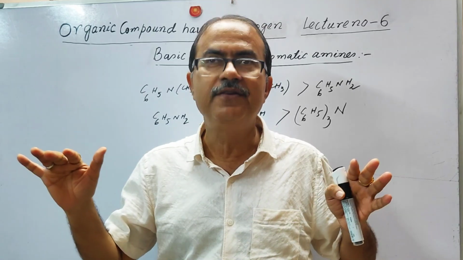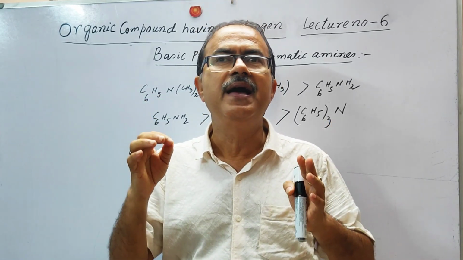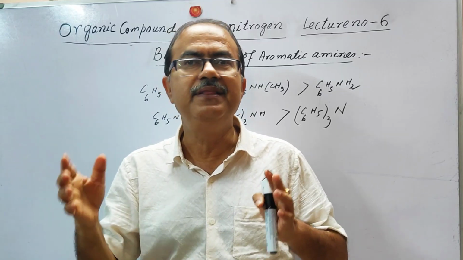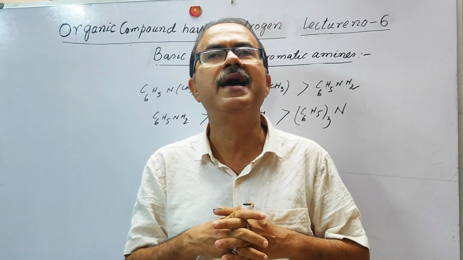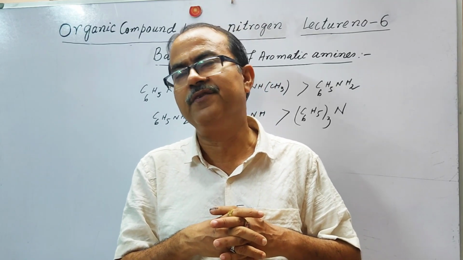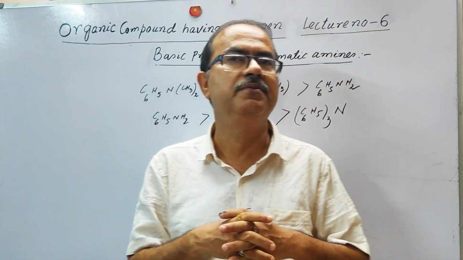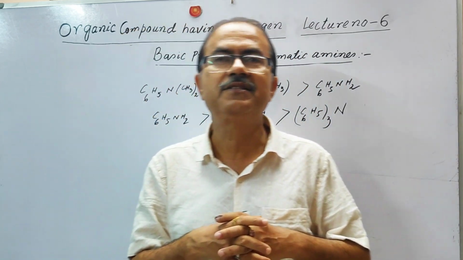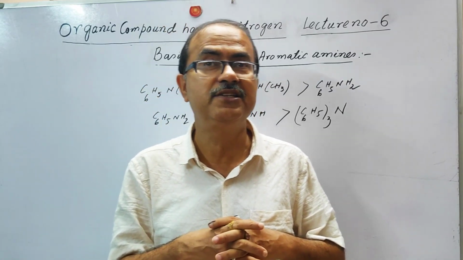Suppose you will be asked why meta-anisidine has the lowest basic property. At that time, you have to remember that at that position, the plus R effect is not operative, only the minus I effect is operative. And likewise, we have discussed many exceptions and many important pieces of information in this lecture.